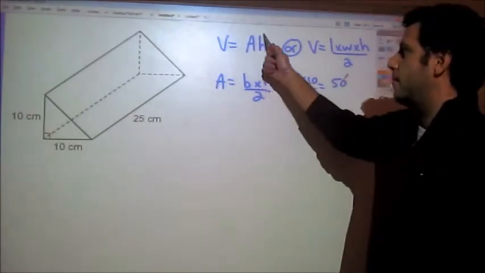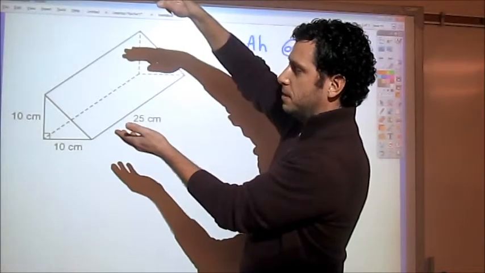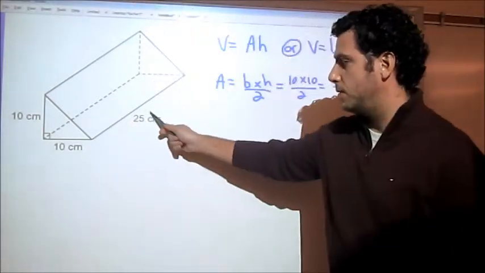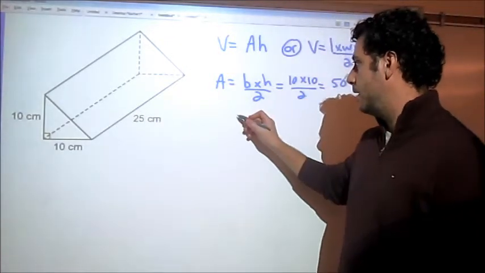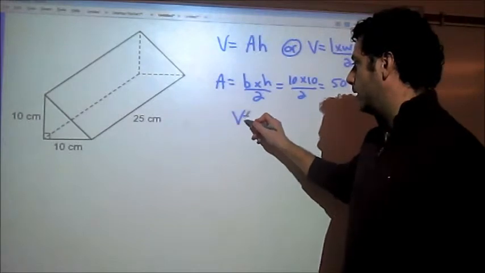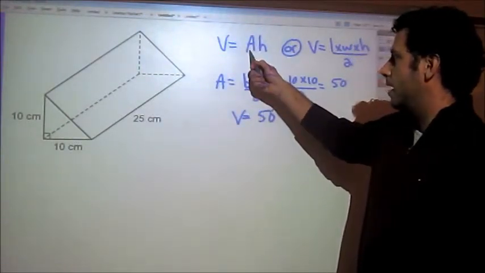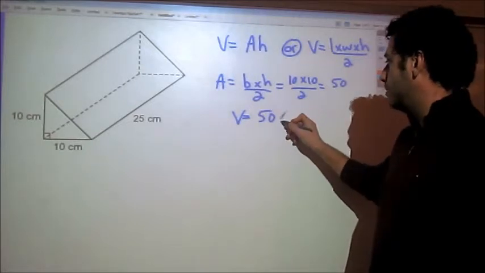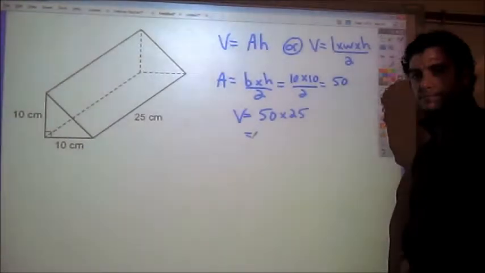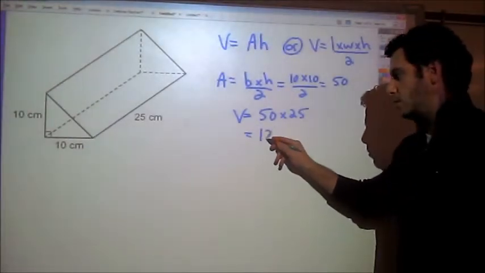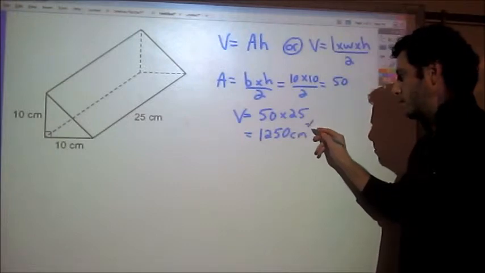And then we're going to multiply that by the height. Okay, so imagine this prism is tilted up on its base. The height would be this length here, 25 centimeters. So the volume would be 50, which is the area of the base, times 25, which is 1,250 cubic centimeters.